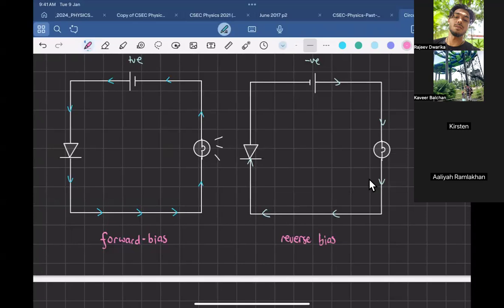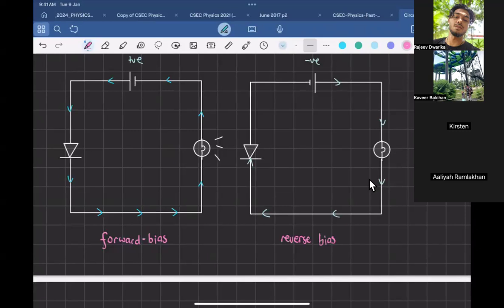Justin, what is the difference between the first circuit and the second circuit? The diode acting like an insulator. Right, but what did I change? Can you tell me what I changed in circuit two? See if you could tell the difference.